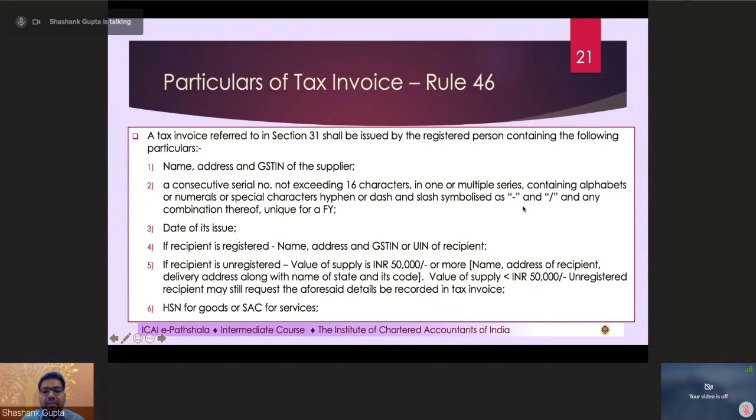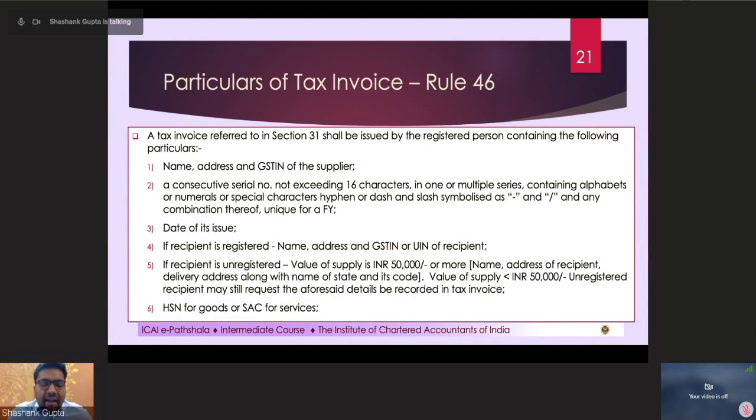What is hyphen and dash? This is the dash, or this is the slash. So hyphen you can say or dash you can say to this, and this is the slash. Only these two kind of special characters can be used, and the maximum size of the consecutive serial number is 16 characters.